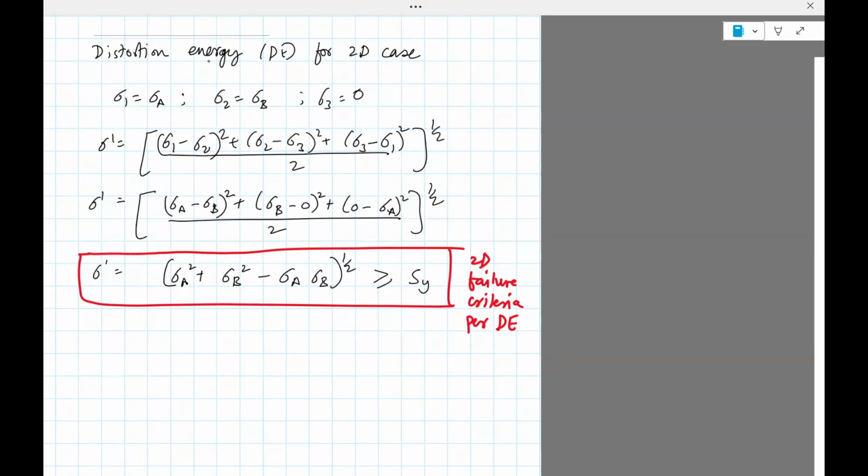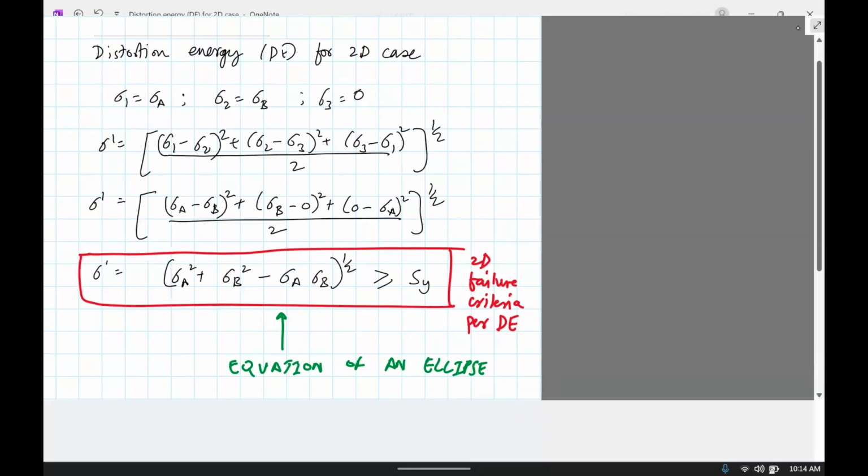If you recognize, this looks sort of like a circle, but it's not a circle, actually. This is the equation of an ellipse. So let me draw that.